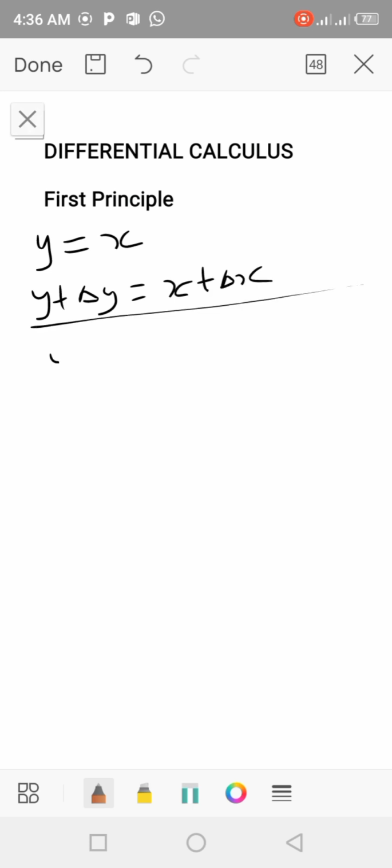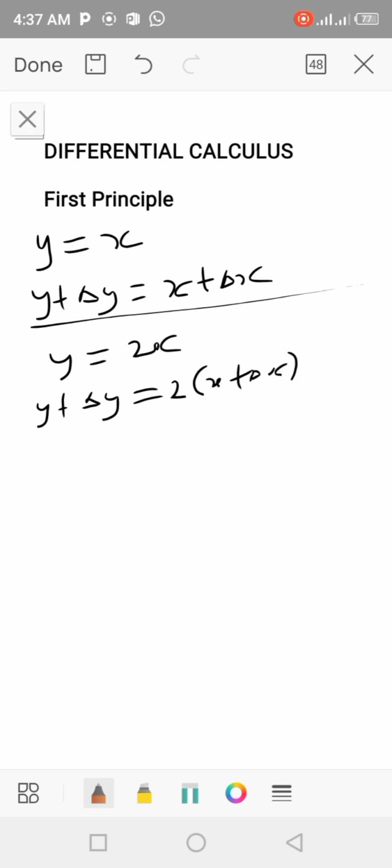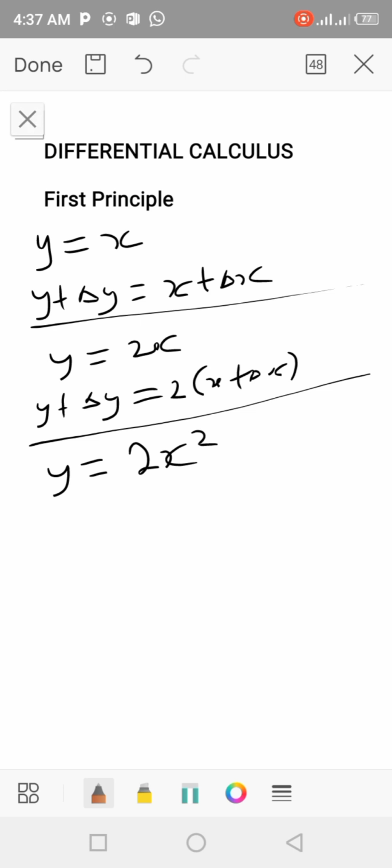Let's say y is equal to 2x, then y plus change in y is equal to 2, then you put x plus change in x. Then if y equals x squared, then y plus changing y is equal to x plus changing x raised to power 2.